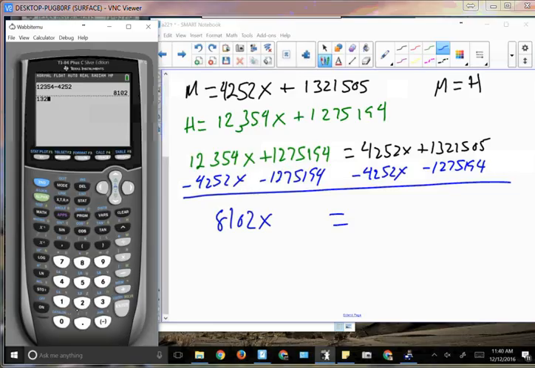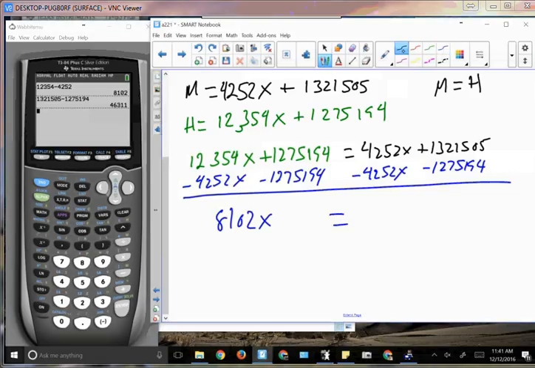Anyhow, continuing on here. So I got 132,505 minus 127,5194. And I end up with, let's see, it's going to give me 46311. Is that right so far? So, now what's the last thing I got to do?